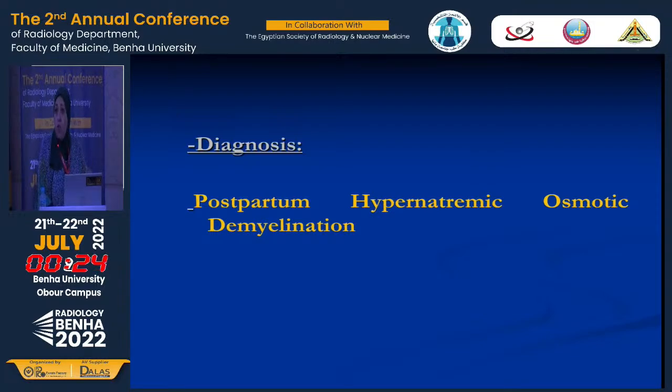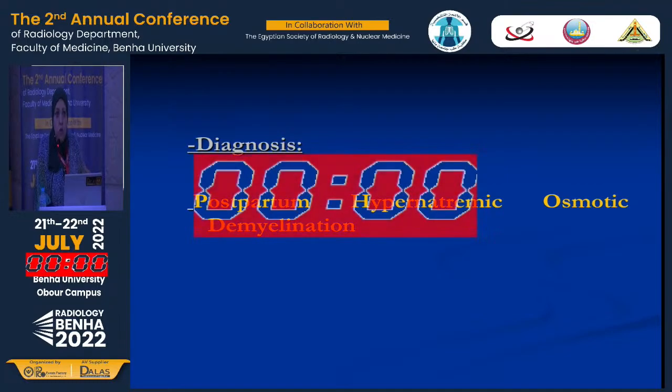We all know osmotic demyelination or osmotic myelinolysis after rapid correction of hyponatremia. But hypernatremia also causes osmotic demyelination, and I need gradual correction of the sodium level to avoid irreversible neuronal damage and later damage to the neuronal tracts.